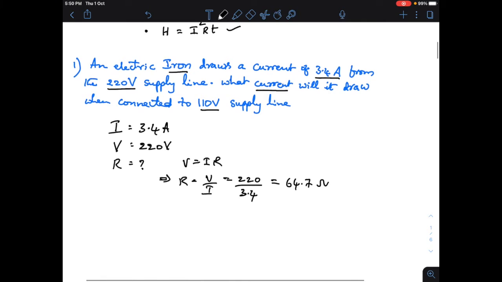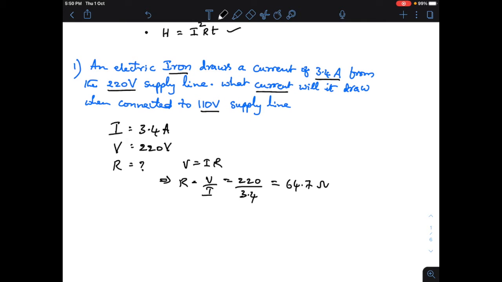Now, what current will it draw when connected to a 110 volts supply line? That means now instead of 220 volts, the supply is changed to 110 volts, but the resistance remains the same. Having calculated the resistance, let us write R is 64.7 ohms, V is 110 volts. Now what current will it draw?